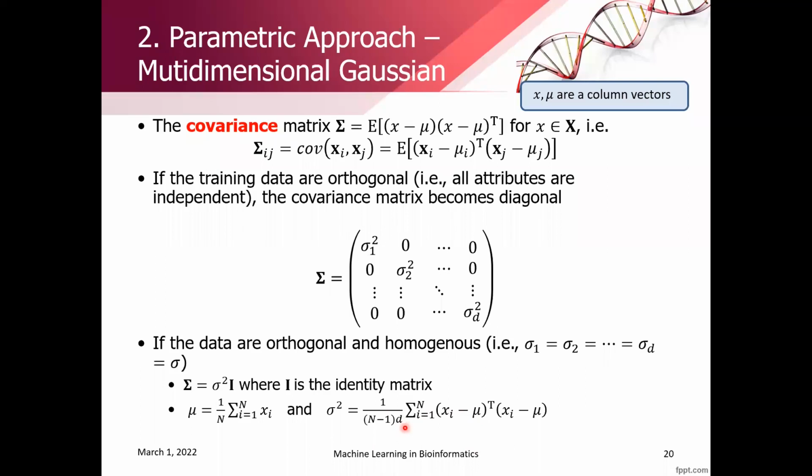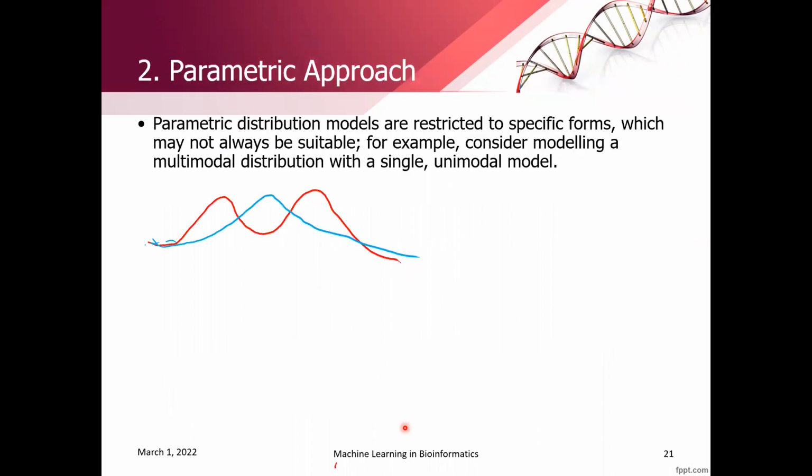But this is with the very strong assumption that the dimensions are orthogonal and the standard deviation for each dimension is the same. So this is very strong. Usually we don't have such a guarantee.